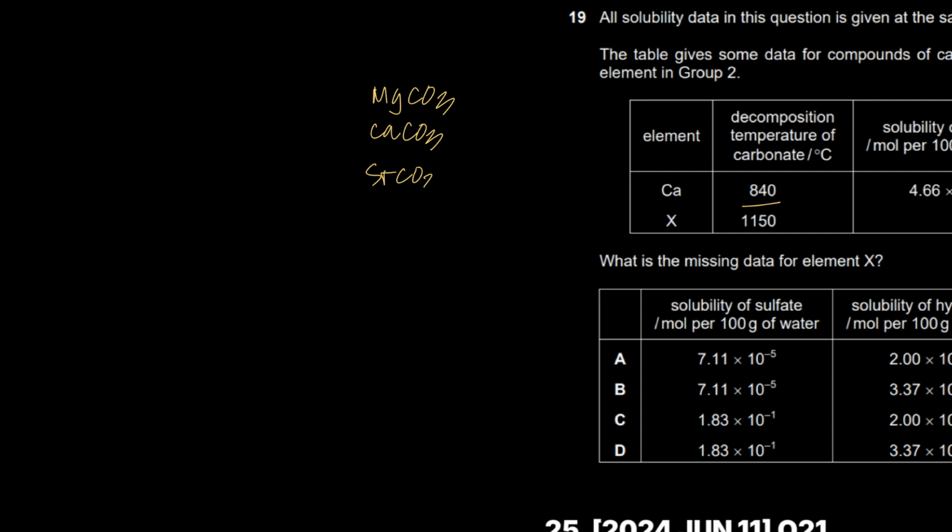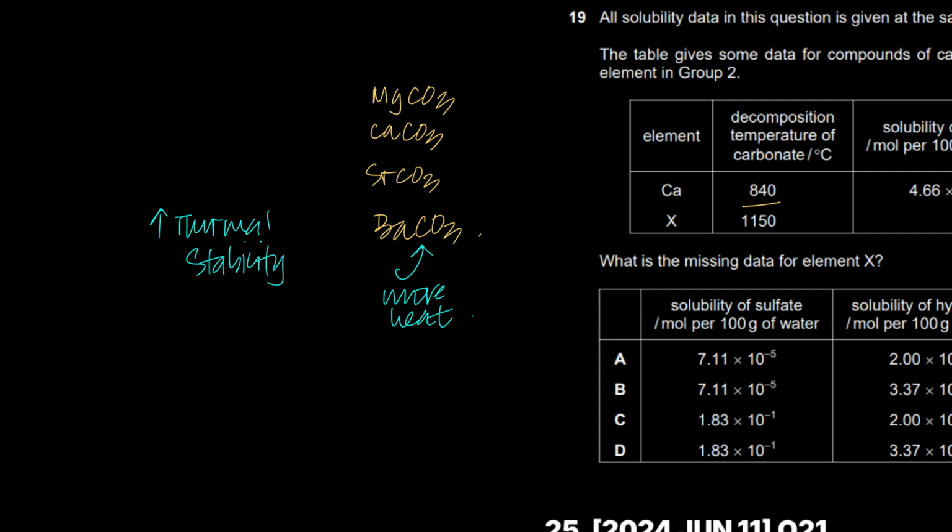What happens to the stability? The thermal stability actually increases down the group. So if the thermal stability increases down the group, you know that more energy is required. It's more stable, so more heat, more thermal energy is required to decompose it, right?